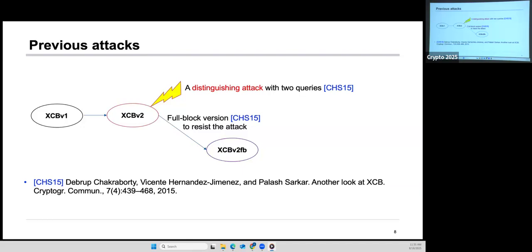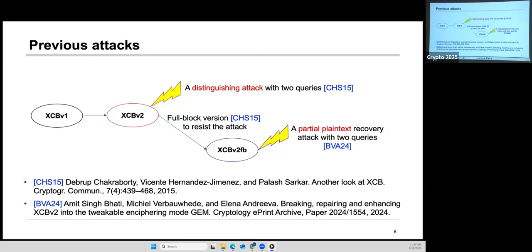More recently, Barty et al. proposed an attack against XCB v2FB that can recover the plaintext except for one block. So it is a partial plaintext recovery attack. They used just two queries.